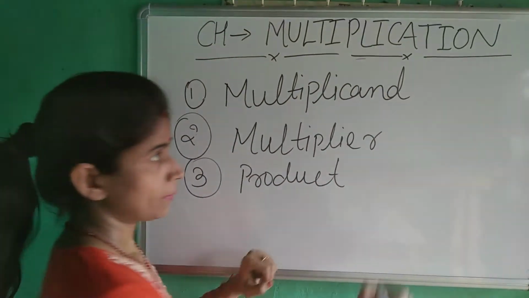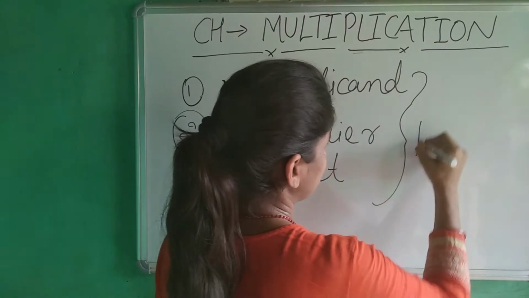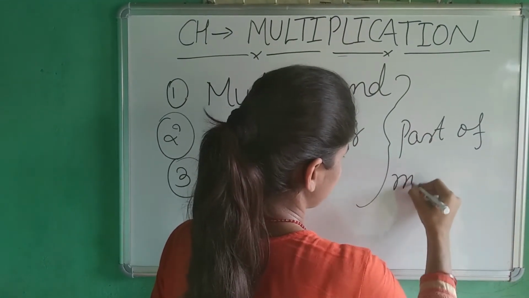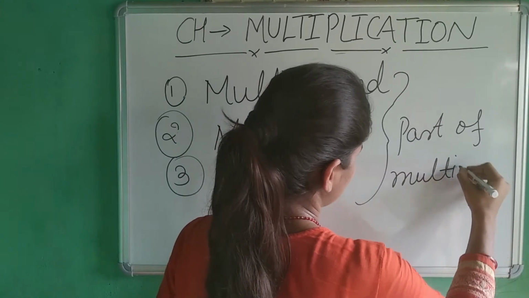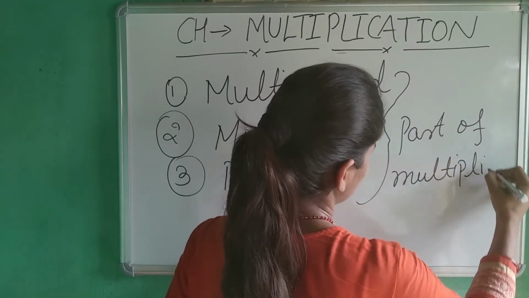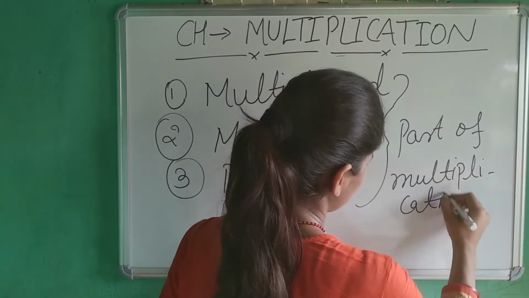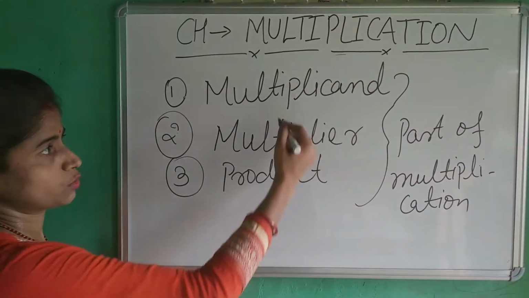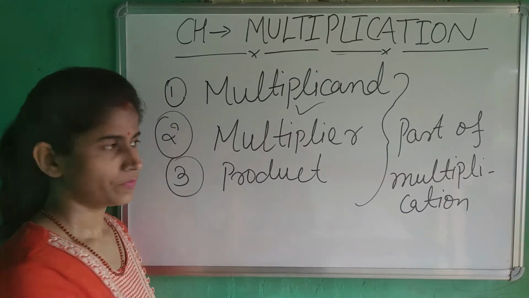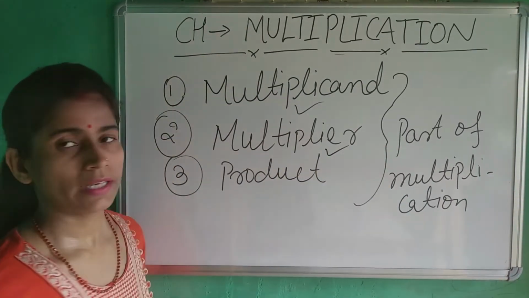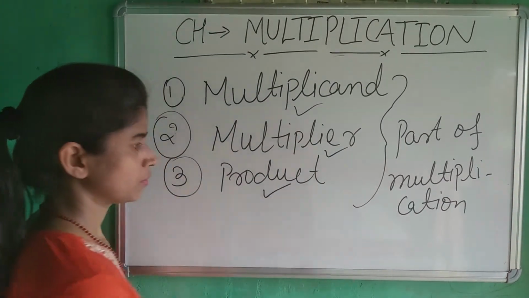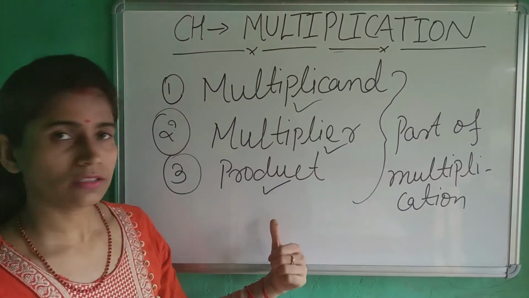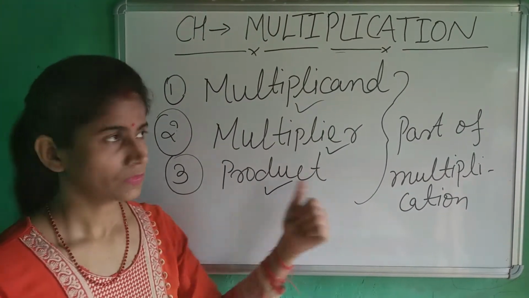These are the 3 parts of multiplication. The first one, multiplicand. The second one, multiplier. And the third one is product. What are the 3 parts?